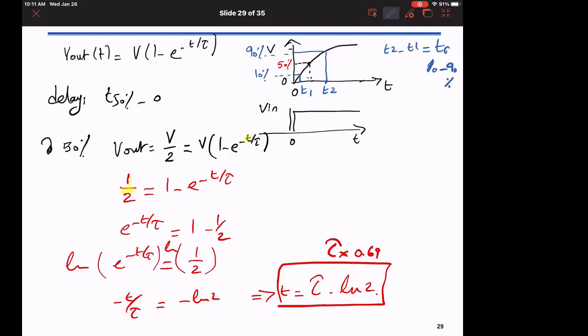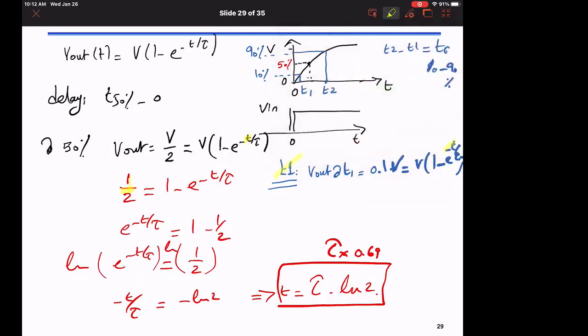We repeat the same. To solve for T1, V out at T1 is equal to 0.1 times V, which equals V times (1 minus e to the minus T1 over tau). We solve for T1.